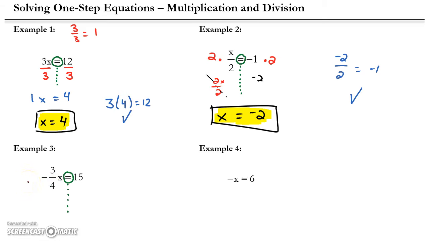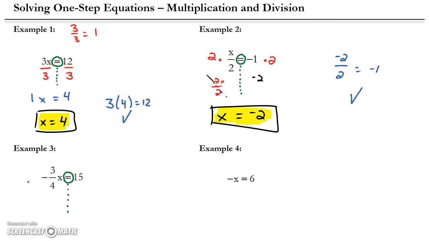Part of us would say, hey, I'm multiplying, the opposite is dividing, and that part of us would be correct. We are going to divide, but what I want you to remember back from your pre-algebra days is that dividing by a fraction is the exact same thing as multiplying by its reciprocal.